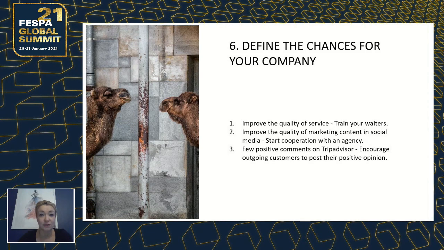So this is vertically. So our walls on this workshop are fully filled in with a flip chart, white sheets of paper, plus filled in with these post-it notes. And right now we should, let's say, define the chances for our company, right?